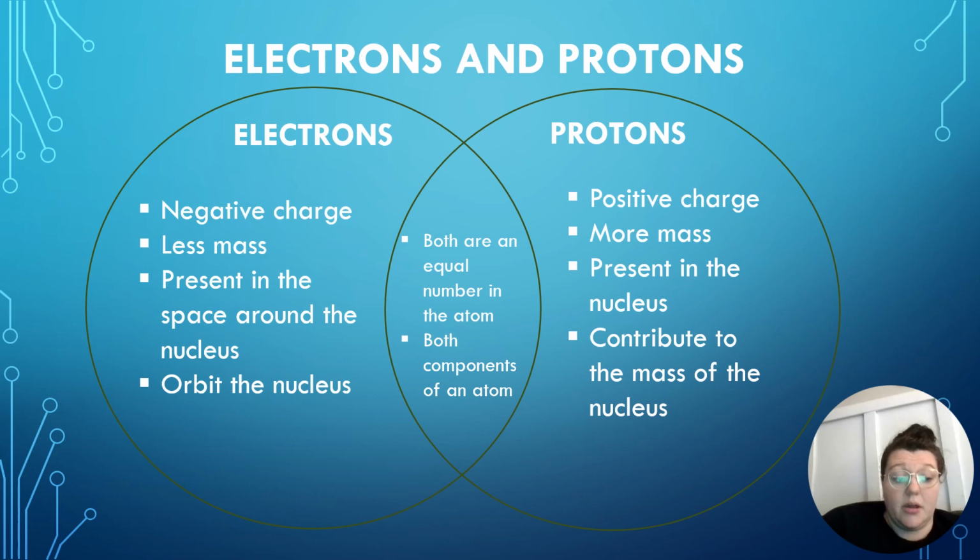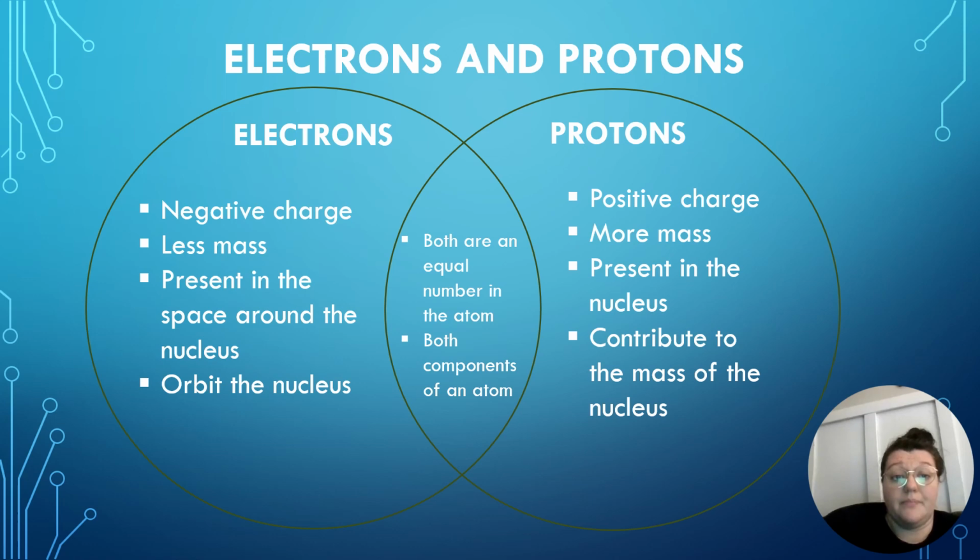So next we'll kind of go in on the differences and similarities of electrons and protons. So electrons actually have a negative charge to where protons contain a positive charge. Electrons have less mass than protons.